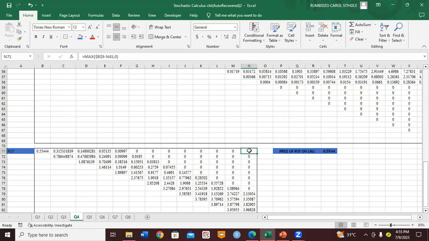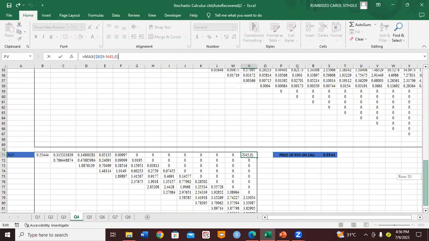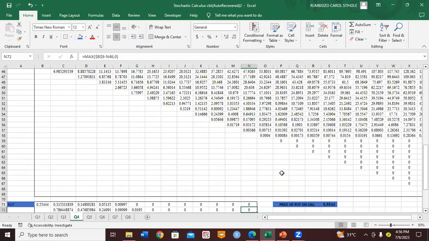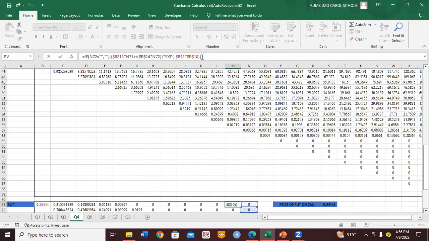So in calculating this binomial tree, we'll use the same effect. Our B9 here is now different from when we were calculating for the call. We are now using the strike price of 4, which is the compound option strike price. So you click enter, just like I explained before. You come here, double click, and it will calculate for all the other cells going down. Then here we'll have an if effect, so that if the cell is blank, it will remain blank. But if it's not blank, it will do this calculation.